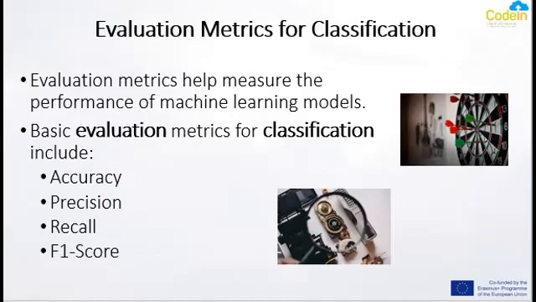Common evaluations include the following: accuracy, precision, recall, F1 score. Understanding these evaluation metrics is essential for evaluating the effectiveness and reliability of machine learning models. Considering these metrics, we can make informed decisions, fine-tune our models, and optimize their performance.